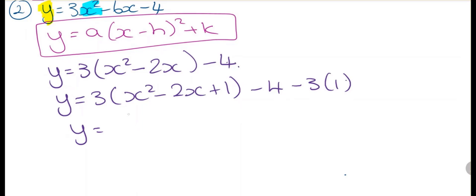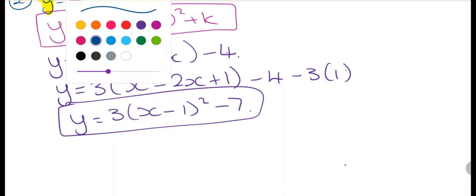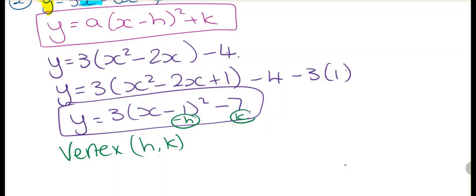So y is equal to 3. We can rewrite this now as (x minus 1) squared. And this is going to be minus 4 minus 3, which is minus 7. So now the vertex. So the vertex we know is (h, k). So this is minus h and this is k. So our value for h will be 1 and k will be minus 7.